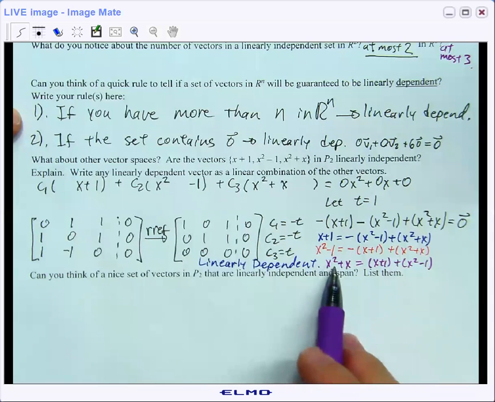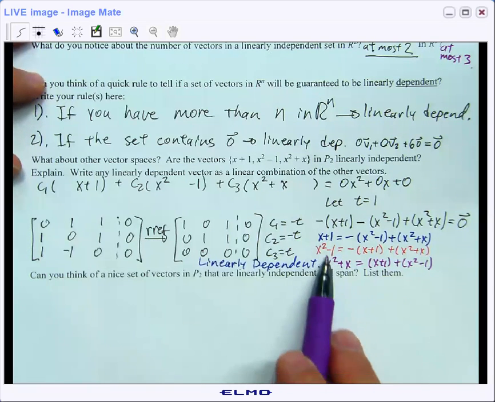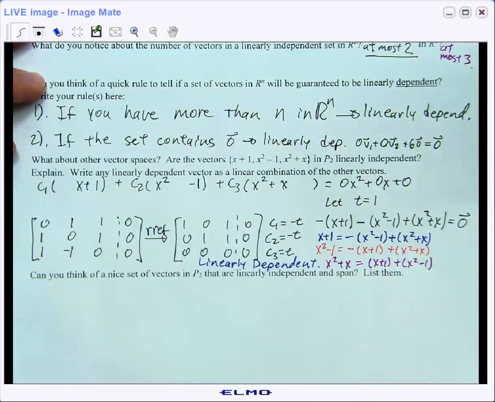So you can see again that we've shown that this set of vectors is linearly dependent, and in fact, any one of the three could be thought of as the unnecessary vector that we could throw out and still not hurt our span.